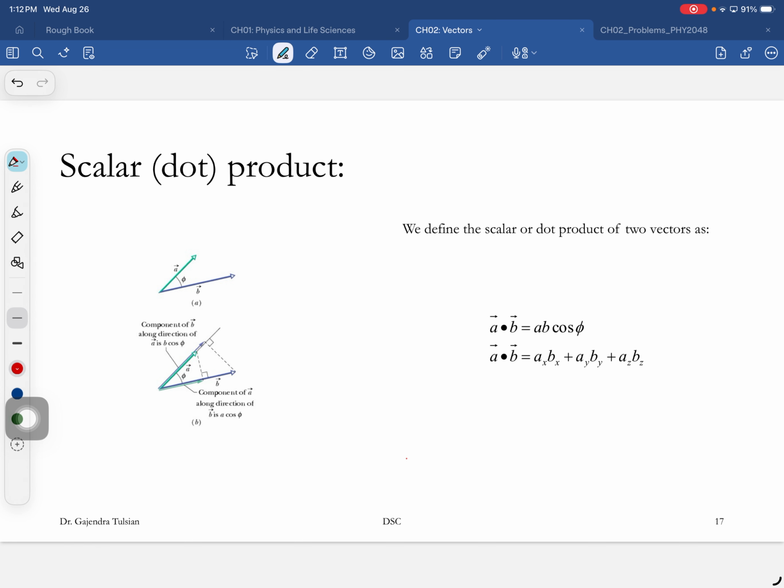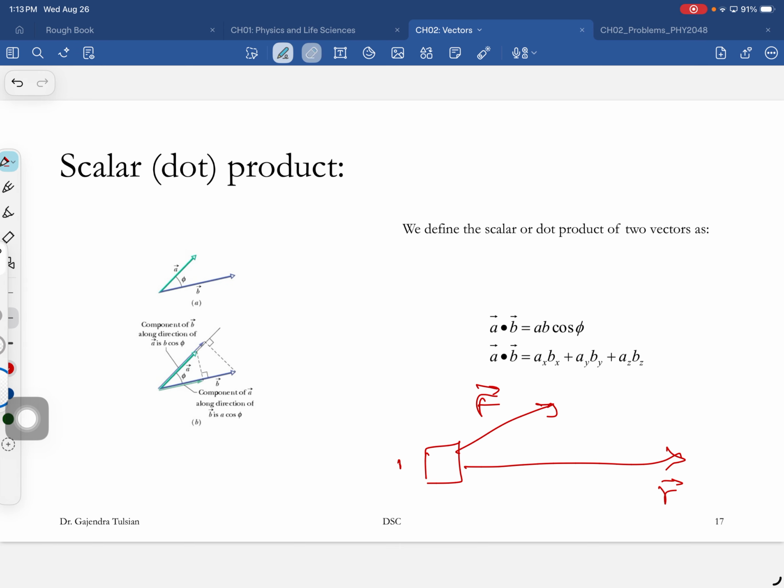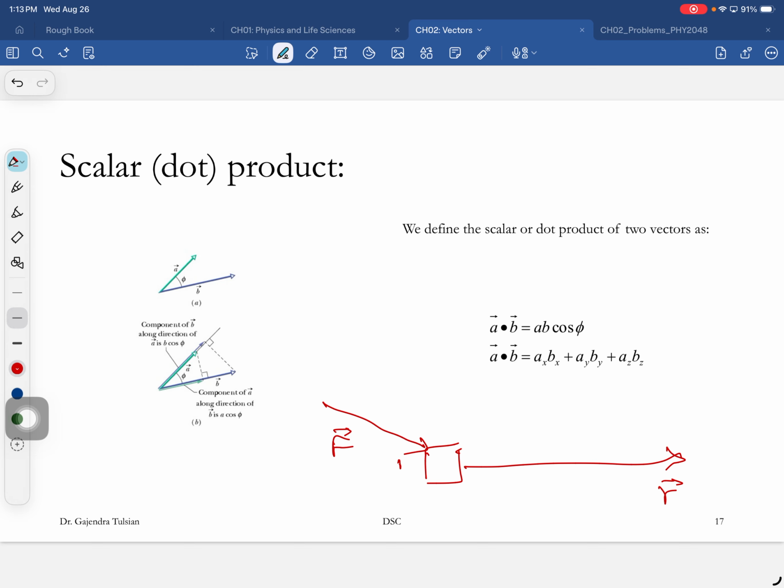So here's where it comes in. Let's say you're pushing a lawnmower, and you push the lawnmower from here to there, and you want to know how much work you've done.